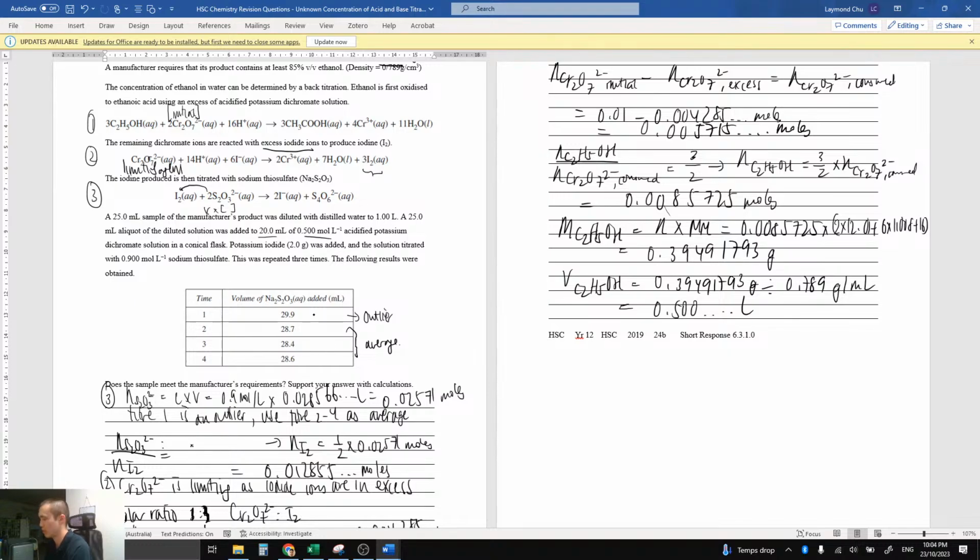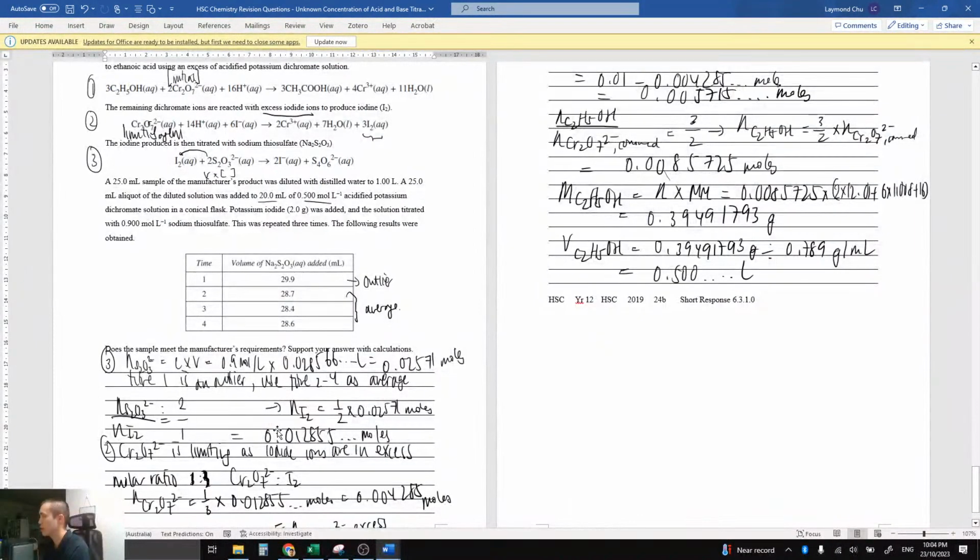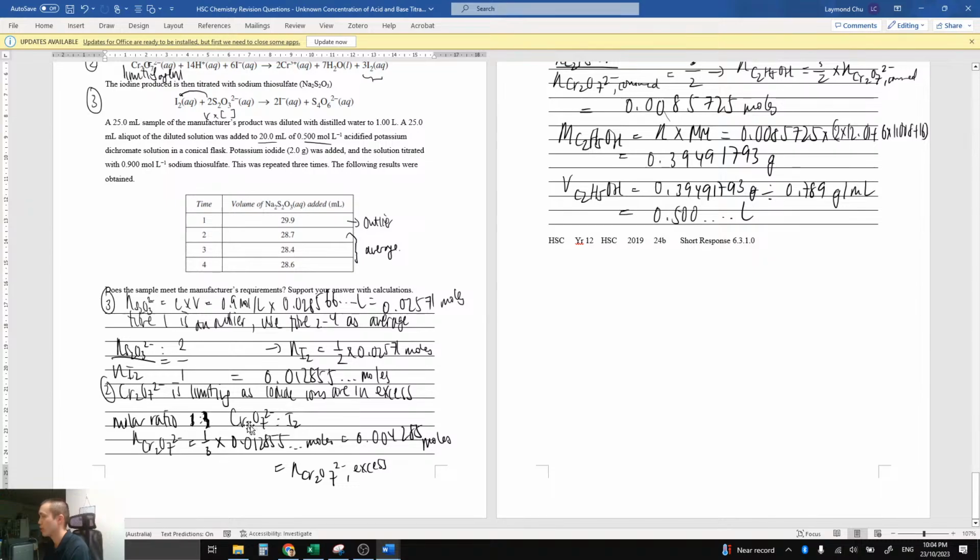So 24.8, 24.4, 28.6 divided by 3. Yep, that's the right volume. That should be the right moles. Is equal to 2 to 1. So our moles of that should be half of that. Yep, half of that is correct. Limiting, 1 to 3. Let's write that out again here.